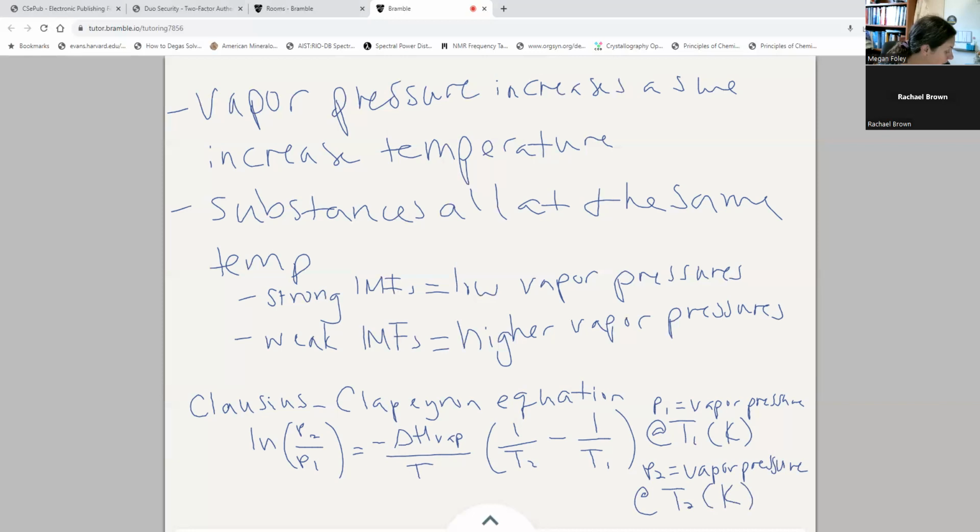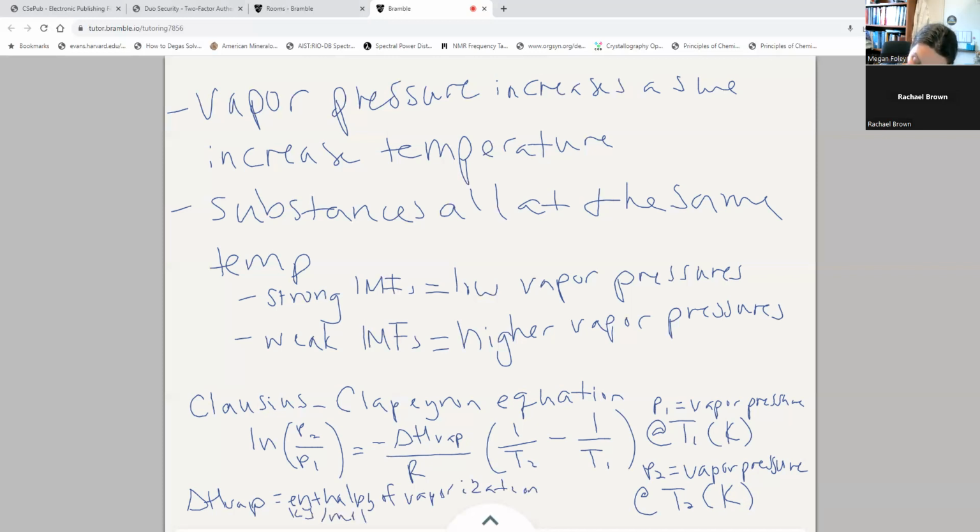Oh, excuse me. This is not a T on the bottom here. This is supposed to be an R. Our delta H vap is our enthalpy of vaporization, which is generally given in kilojoules per mole.